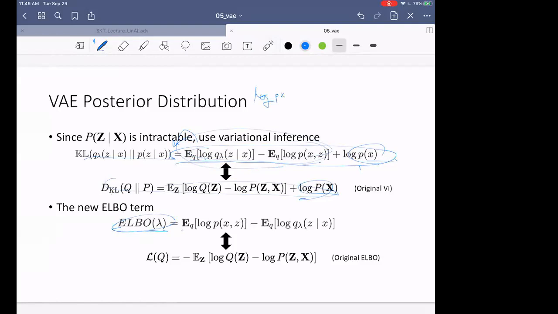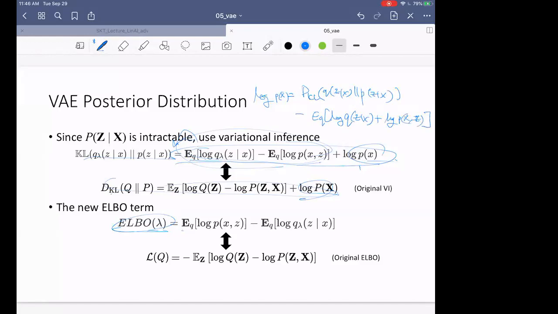So your log P(X) is the DKL between Q(Z|X) and P(Z|X), minus E_Q[log Q(Z|X)] plus log P(X, Z).